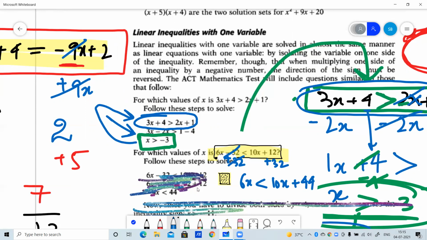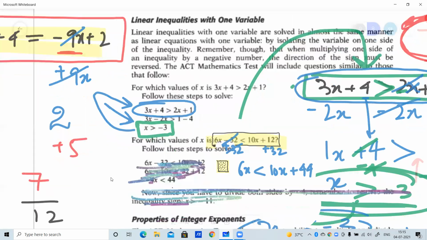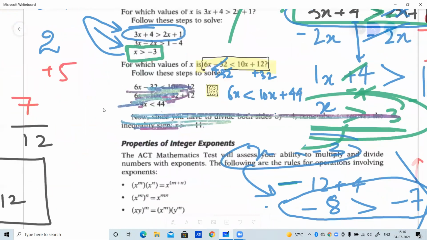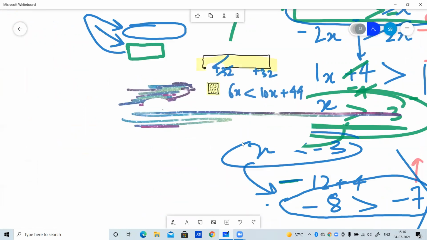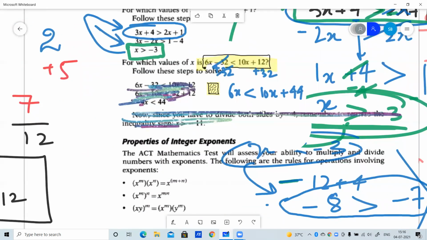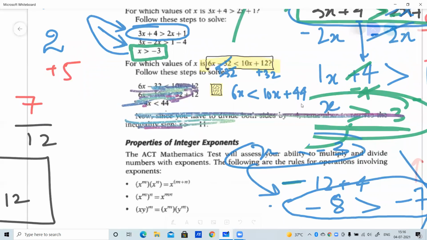And then what did you do after this? What I did was I added 44 to 10x. I'm not sure about this step. You added 44 to 10x? Yes. But I have also done that: when I added 32 to 12, I got 44, and that is already in addition with 10x.